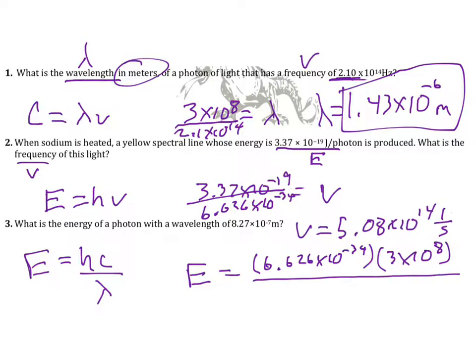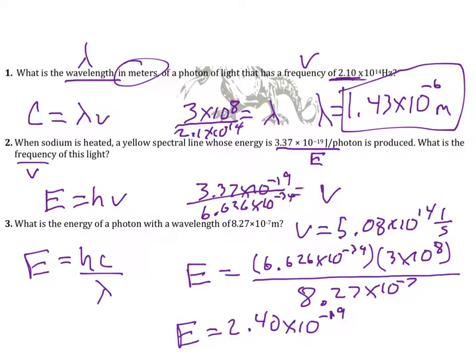And then we divide it by the wavelength, which is 8.27 times 10 to the negative 7. Now all we need to do is plug that into our calculator to get the right answer. And what we end up with when we type this in the calculator is E is equal to 2.40 times 10 to the negative 19.